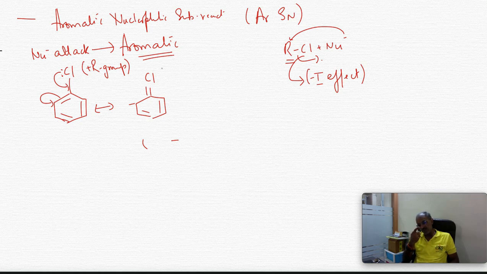Due to the formation of this partial double bond, this double bond inhibits the breaking of this bond, and therefore the leaving group capacity also decreases. As the leaving group capacity decreases, obviously it will be very difficult for the nucleophile to attack, because the leaving group will not leave, chlorine will not leave, right? So what is the scenario?